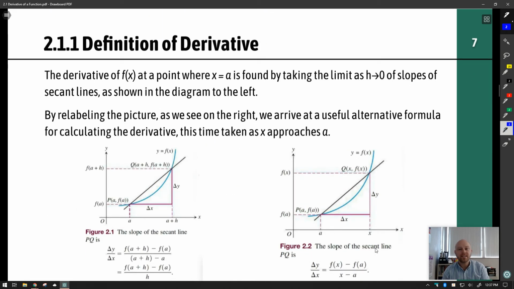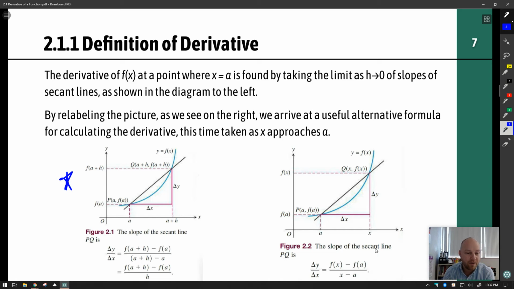So let's extend this definition of derivative just a little bit. We find the derivative at a point where x is equal to a by taking the limit as h goes to 0 or approaches 0 of slopes of secant lines, as we see in this familiar diagram here on the left. But if we relabel that picture, we can come up with an alternate formula for derivative by using the same secant slope formula.